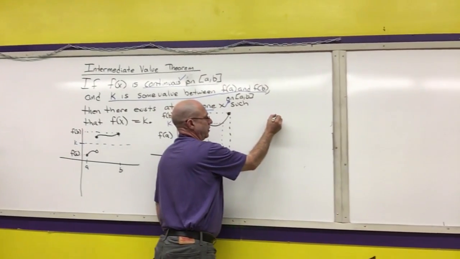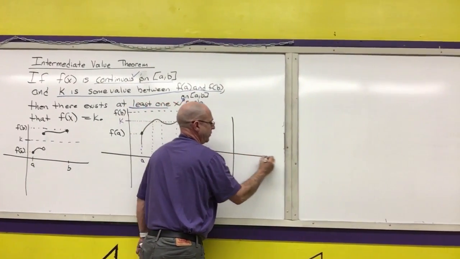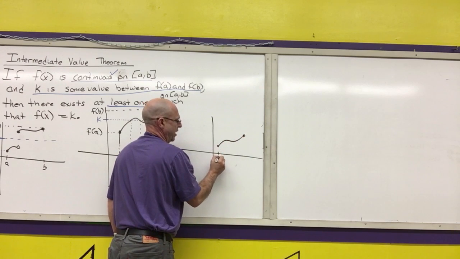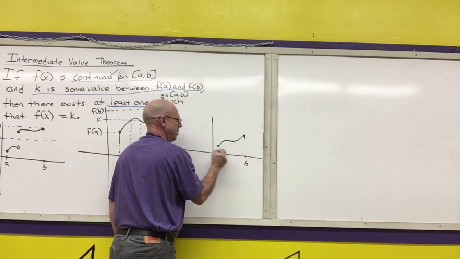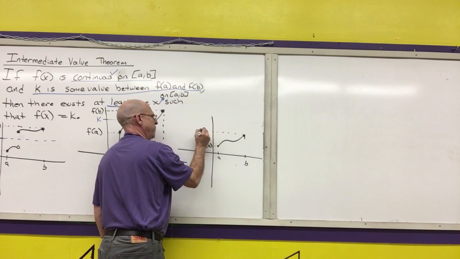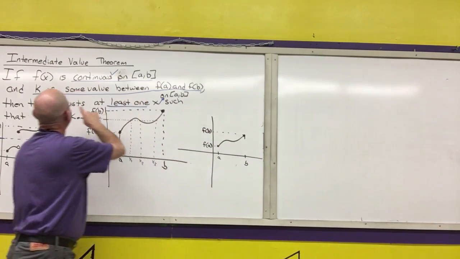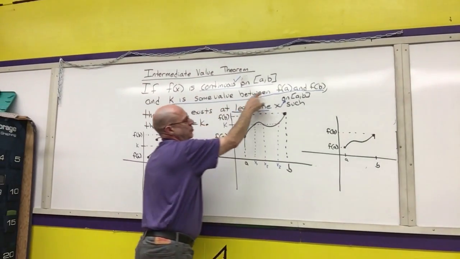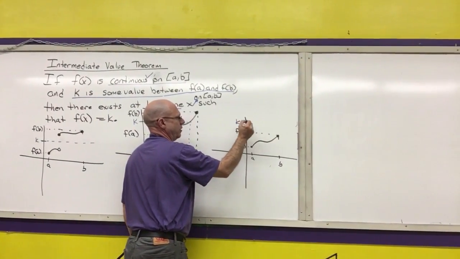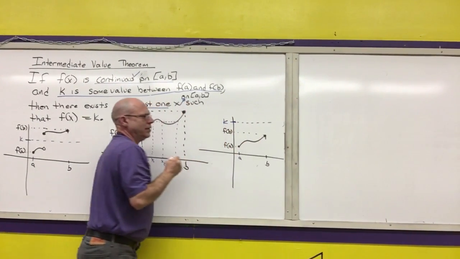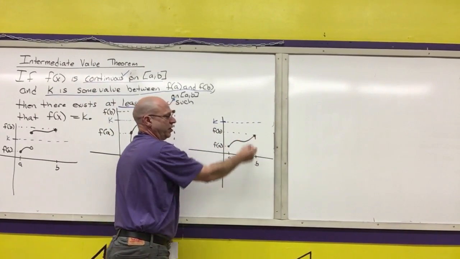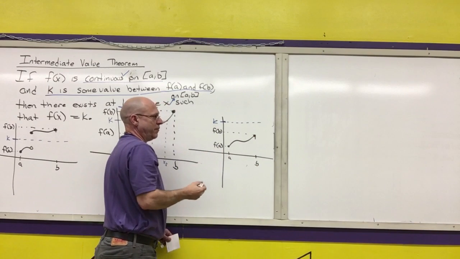Next, let's just draw another graph. This time we're going to keep it continuous. So I have A, I have B, I have f of A, I have f of B. But this time I'm going to put k that's not between f of A and f of B. For example, if I pick a k up here, again, I cannot guarantee that there is going to be some x that's going to give me that value.